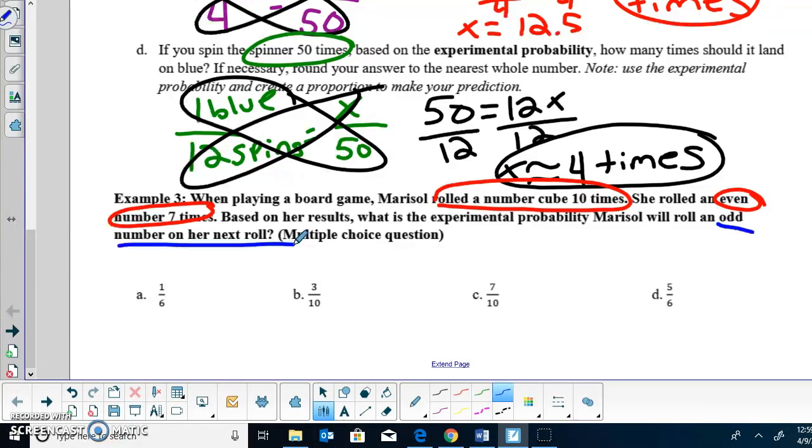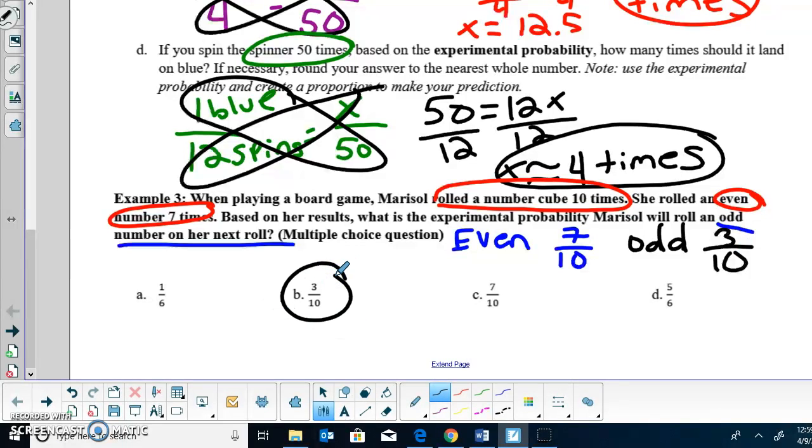It tells me that she rolls even 7 out of 10 times. So that would be my experimental probability for even. However, the question asked me about odd. Because odd is the opposite or the complement of even, I'm just going to say 10 minus 7 is 3. So it should be 3 out of 10 times she lands on odd. And then my correct answer choice is B.